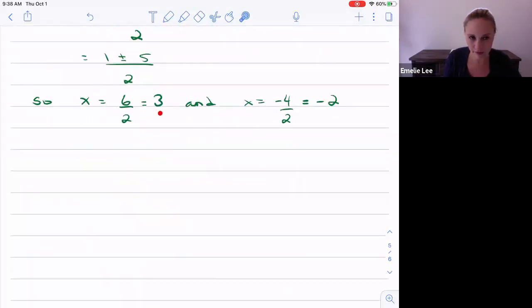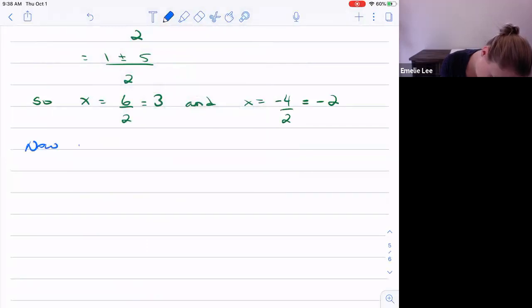But we have to remember that positive 3 should make it 0. So if x is positive 3, we need to get 0, and if x is negative 2, we need to get 0. So now we use the solutions to develop the factors.